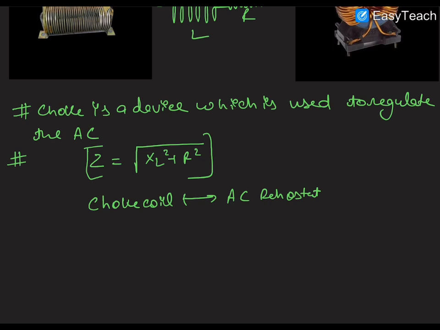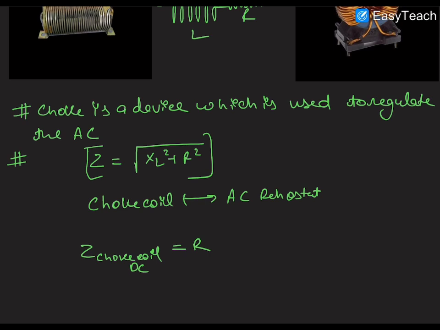So that self inductance part is not active, and the impedance offered by the choke coil for DC is obviously R, because there is no role of the inductance of the choke coil in DC. So the impedance offered by the choke coil to DC is equal to the resistance R, and therefore we cannot use the choke coil in DC, because if that is resistance only, then why should we not use the rheostat?